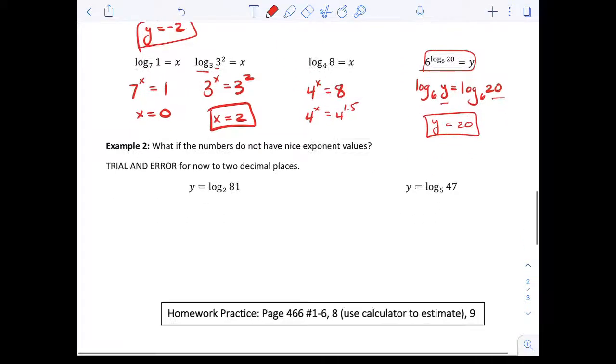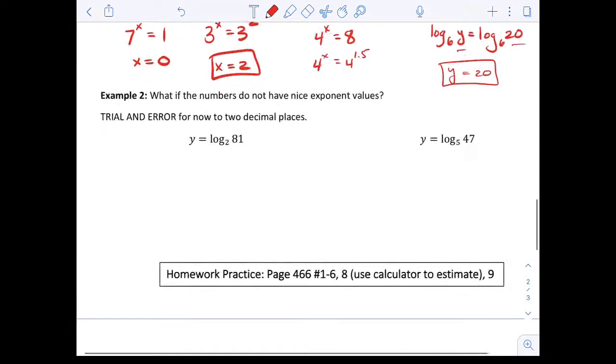And finally, we kind of talked about it earlier, but the trial and error questions when we do not have a nice whole number. So for example, log base 2 of 81, what is that? Well, it's saying, well, 2 to the power of y is equal to 81. We could use trial and error to try to find out what it's going to be. So 2 to the power, and we keep trying different numbers. But I told you earlier that if we want to evaluate something like this, one way that we can evaluate that would be log 81 over log 2. I kind of gave you that shortcut.